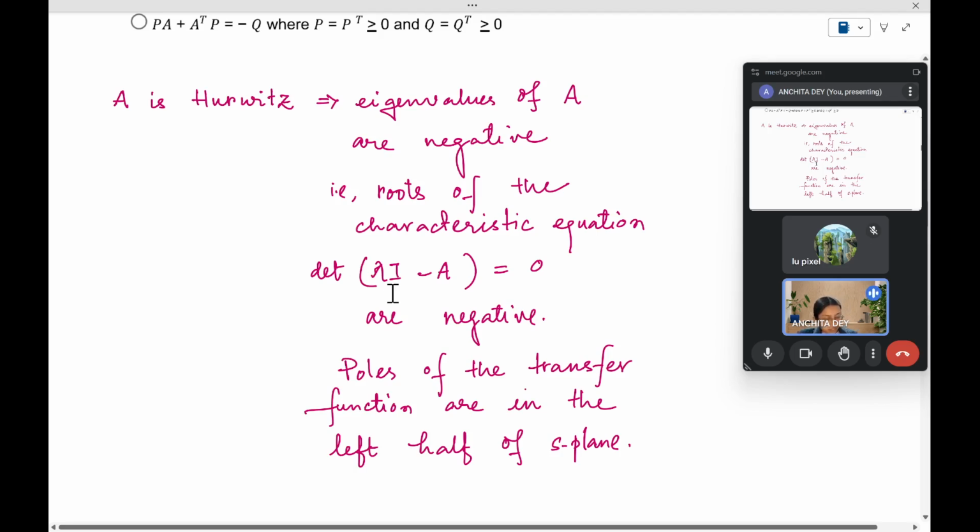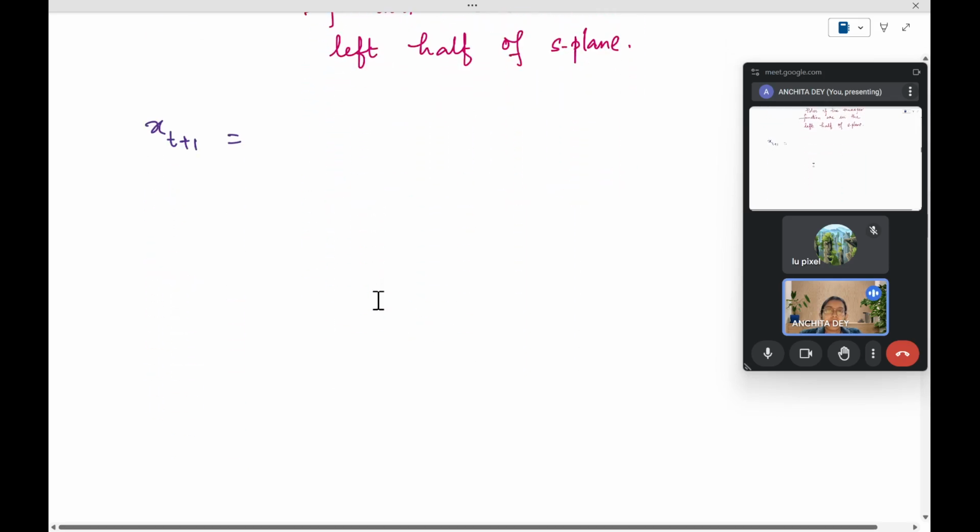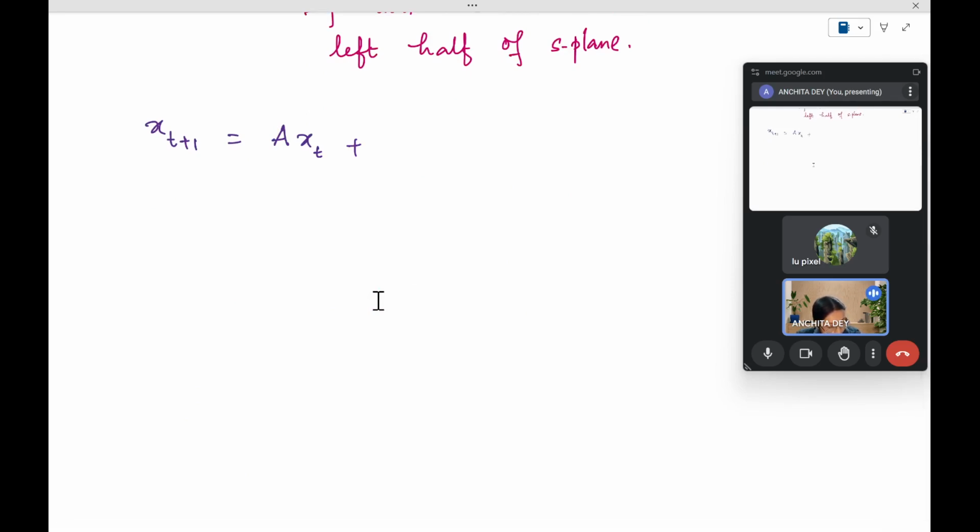And just to add this for your knowledge, if you are dealing with discrete time systems instead of the continuous time ones, then you will have your system written in the form of x(t+1) equal to Ax(t) plus Bu.